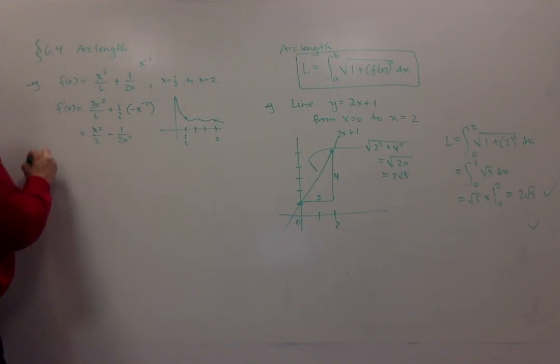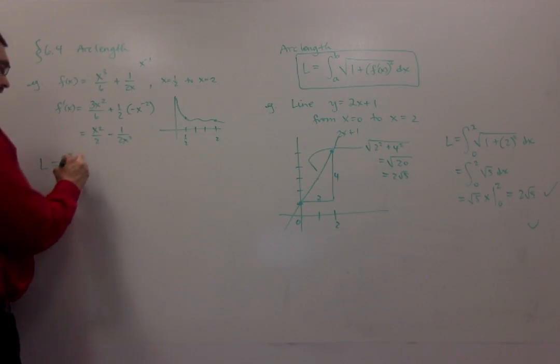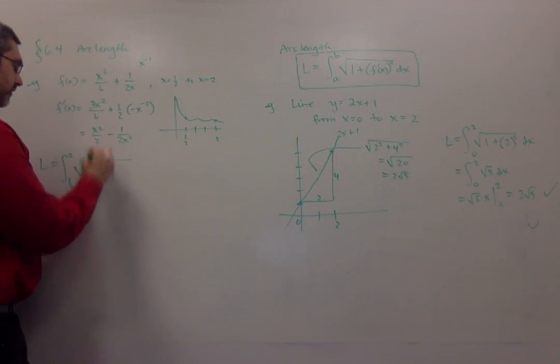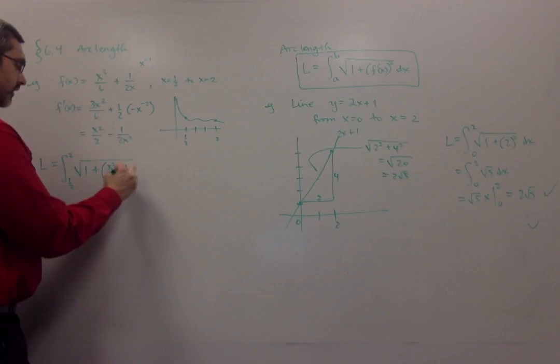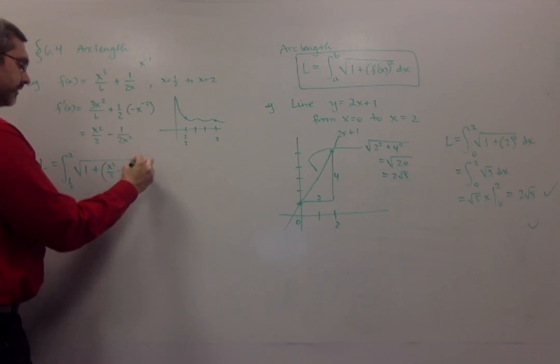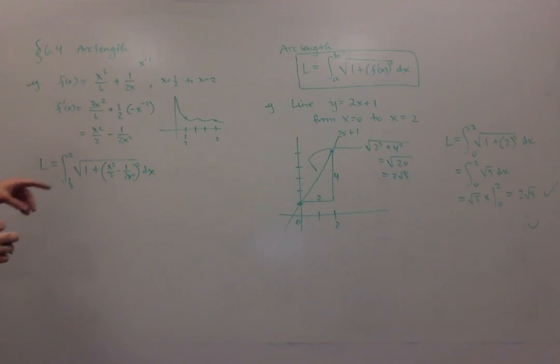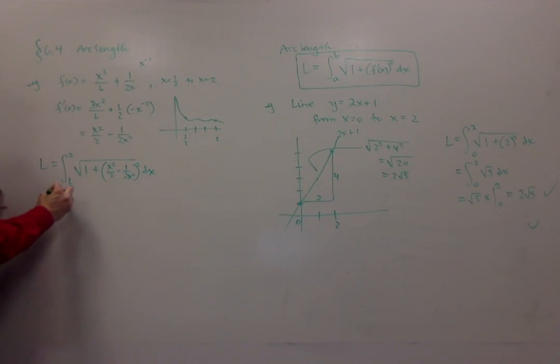So now the arc length is the integral from 1/2 to 2 of the square root of 1 plus this derivative squared.